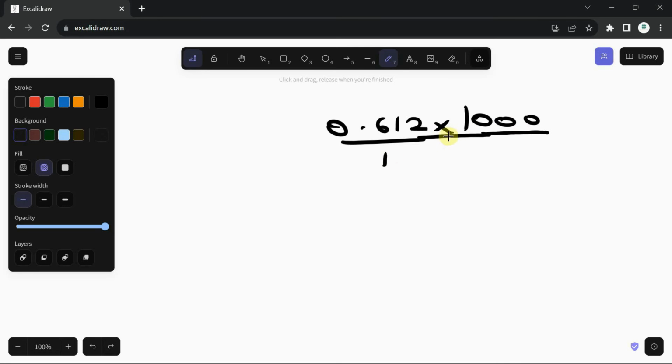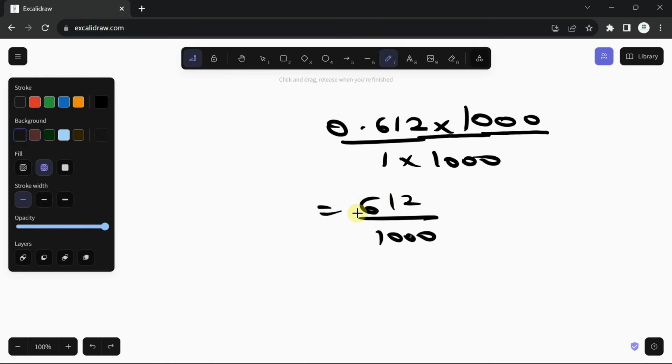We multiply both the top and the bottom by that value. So the number of values after the decimal point is the number of tens. If I multiply 0.612 by 1000, that will give me 612 all over 1000.